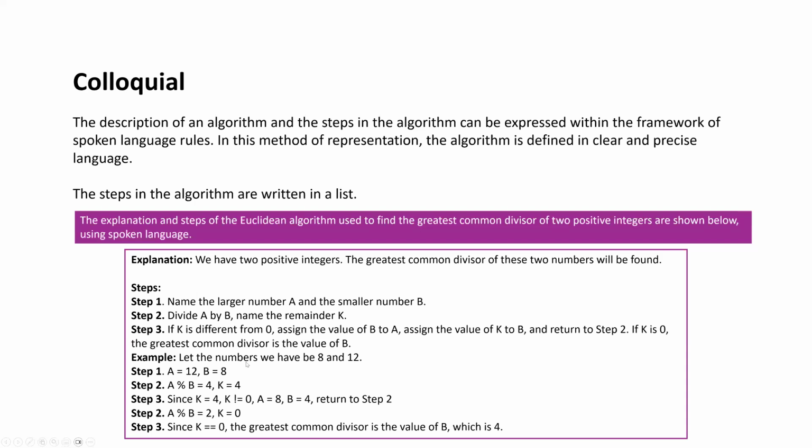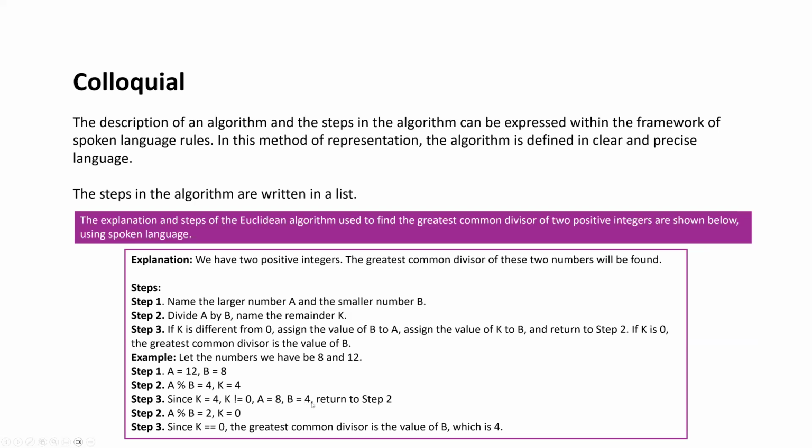For example, we are giving some specific numbers, so 8 and 12 in here. So the larger one, bigger one will be A, and the smaller one will be B. And then here's the modulo operation. So here's the remainder part. So we will get the remainder value K as 4. So the K is not equal to 0. And then we will update our A and B values: B and 4, the K value.